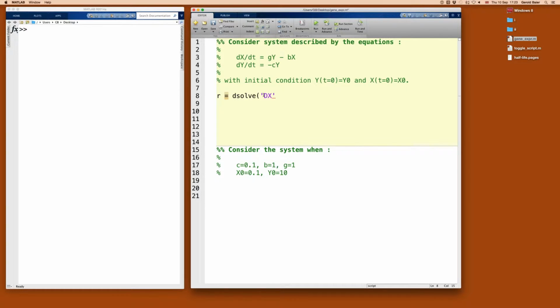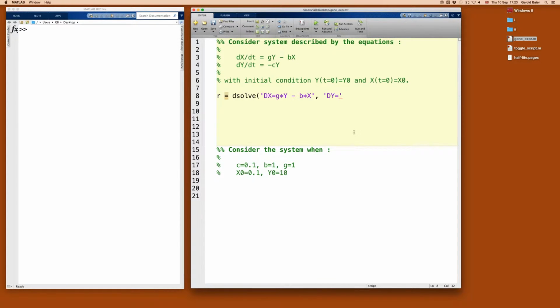So dx is equal to g times y minus b times x. So directly translating our equation here into a form that this MATLAB function requires. But we've got two equations, so we need to pass it two strings with two things inside. By string, I mean text.